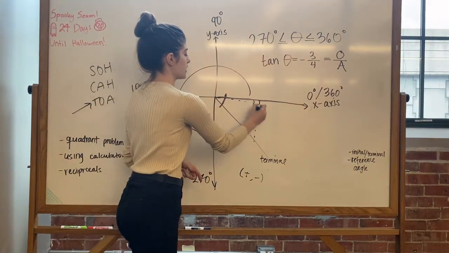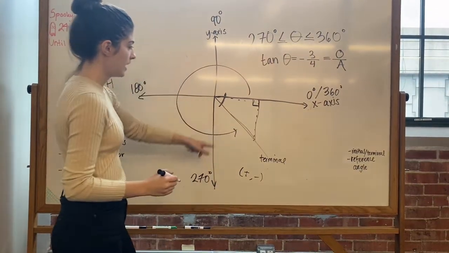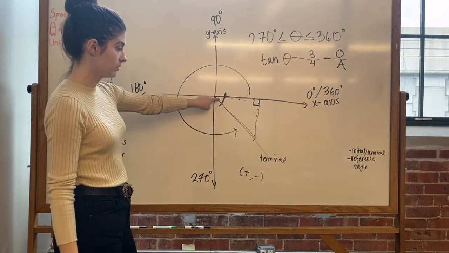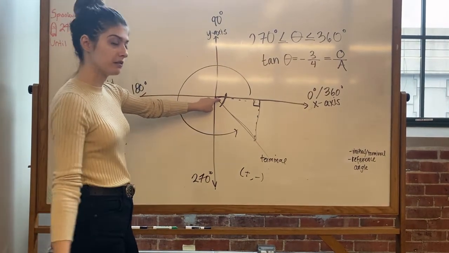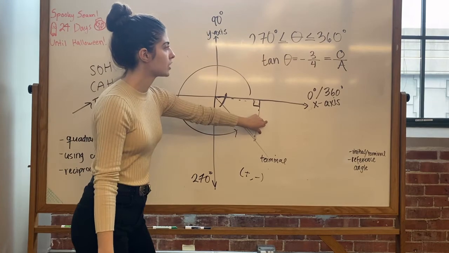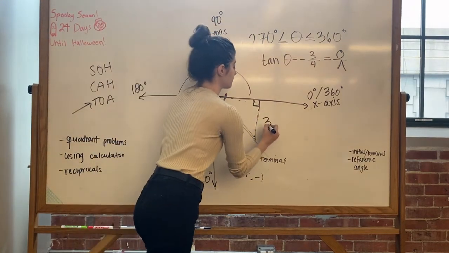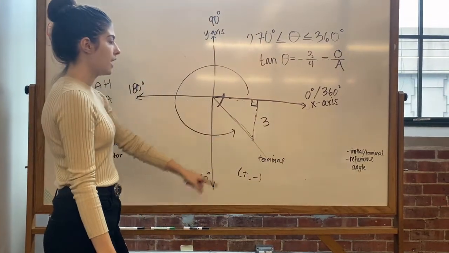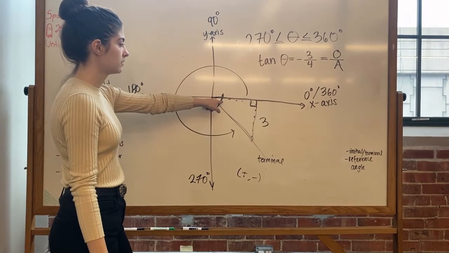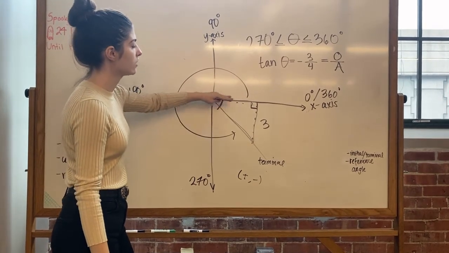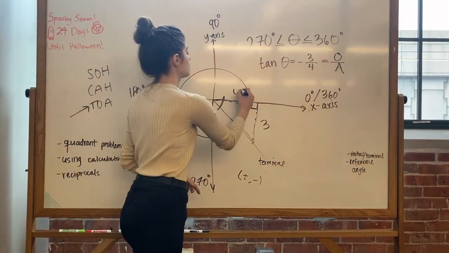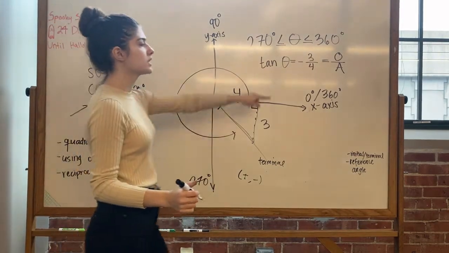Does everyone see this right triangle forming here? And now if this is the reference angle, we know that our opposite side is right here. So that's going to be 3. And then our adjacent side is right here, next to the angle. This is 4. All right, cool, but where is this negative coming from?